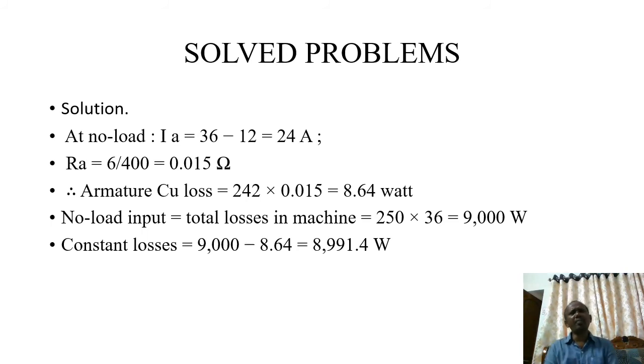Calculate the armature copper loss, that is Ia square Ra. Here you can read 24 square into 0.015, because Ra is the armature resistance 0.015, which is equal to 8.64 watt. That is the armature copper loss.